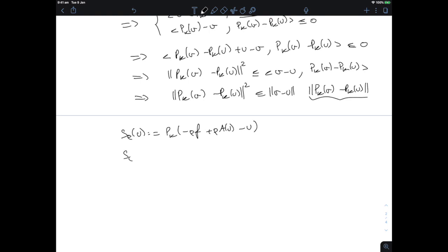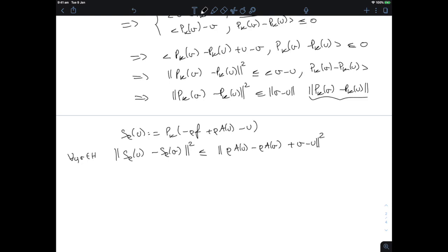Yes. And so when I look at S_rho of u minus S_rho of v for any u and v in H, what do I get? Well, by the Lipschitz continuity of P_K that we've just proven, we get that this is smaller than the norm of rho A u minus rho A v plus v minus u.